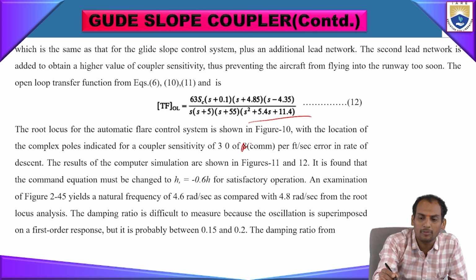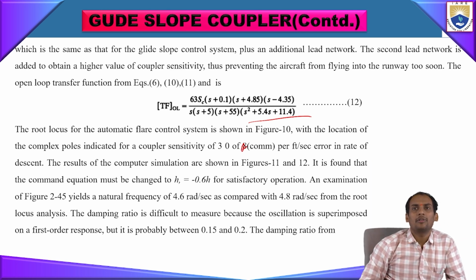Sorry, this is theta common only, in per feet per centigrade. The error is in the rate of descent. The results of the computer simulation are shown in figures 11 and 12.